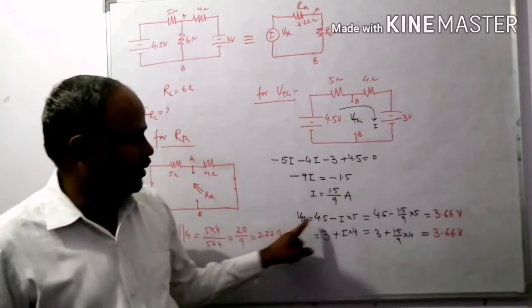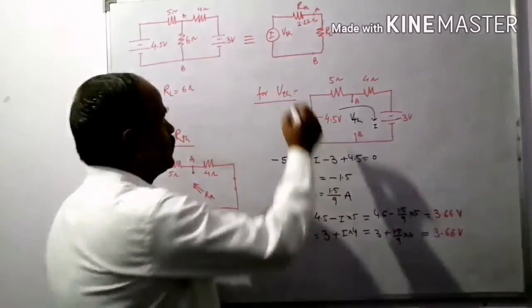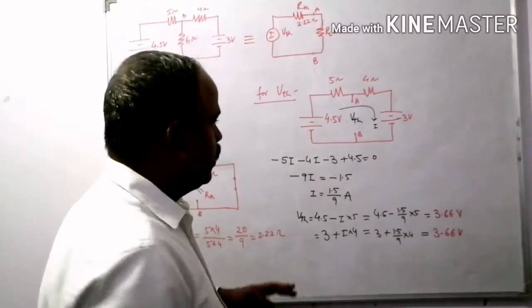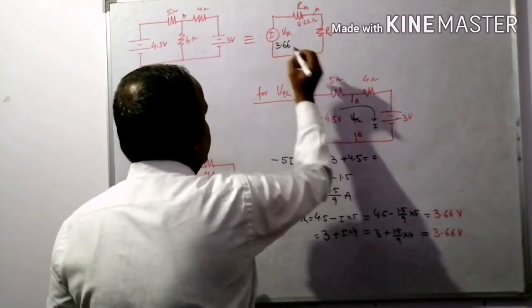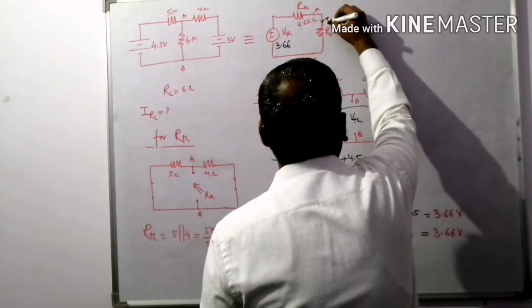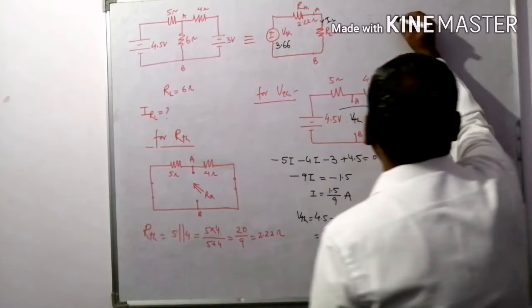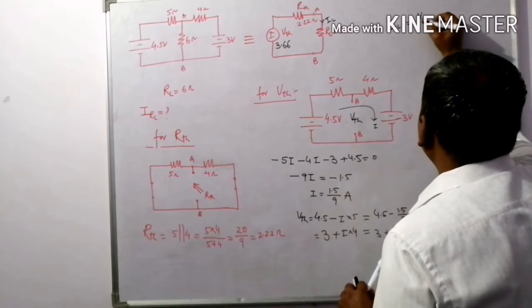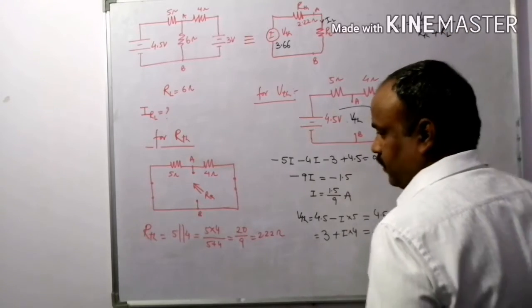Either you can calculate by this one or you can calculate by this one. The voltage is 3.66. VTH is 3.66, right? So the current passing through the load resistor is IL. IL is given by VTH upon RTH plus RL, right?